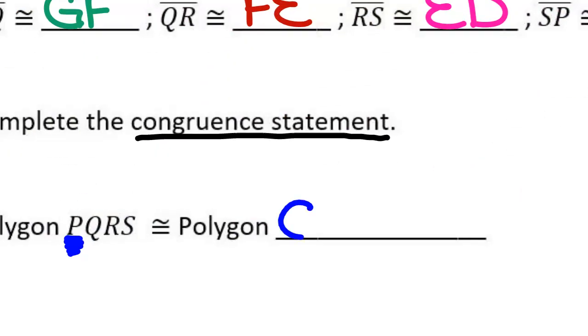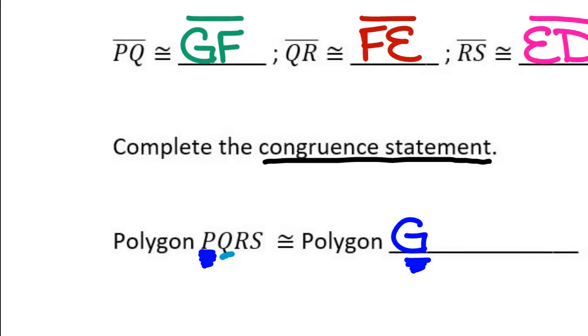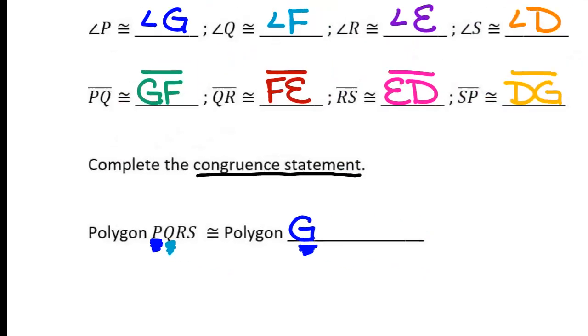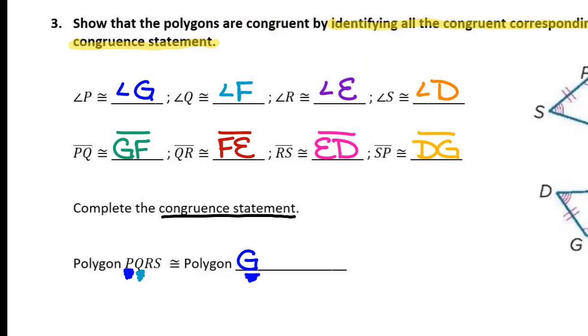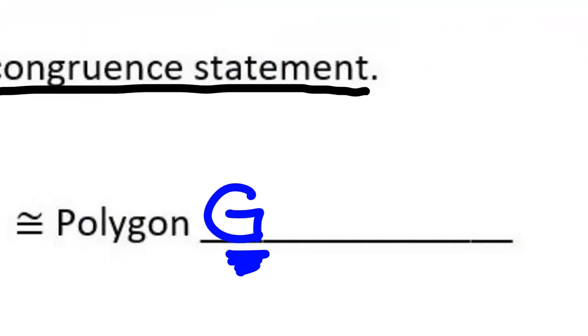Angle G. So this name has to start with G. Then we have Q in the second position. What angle did we say was congruent to Q? Angle F right here. So F has to be in the second position.